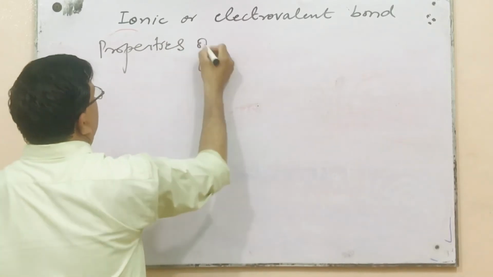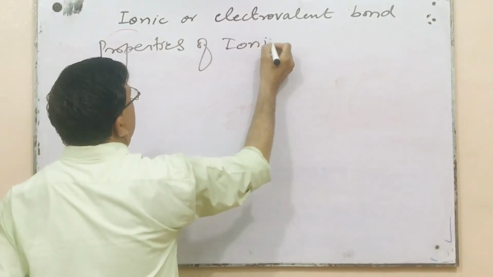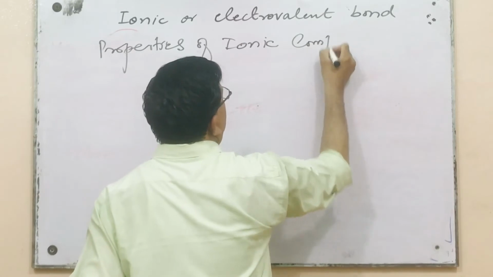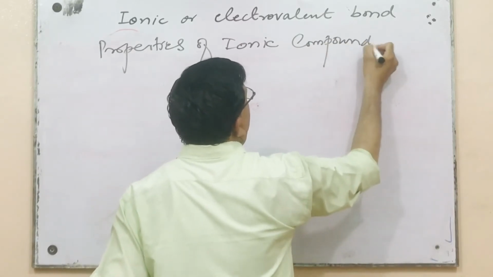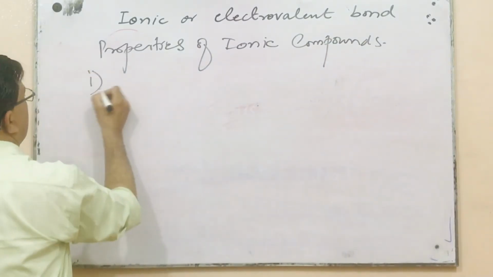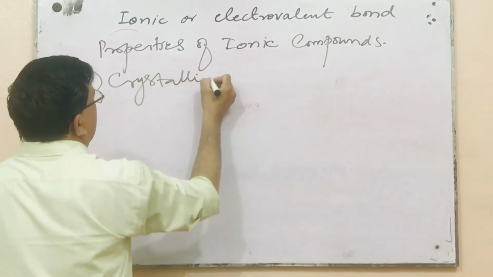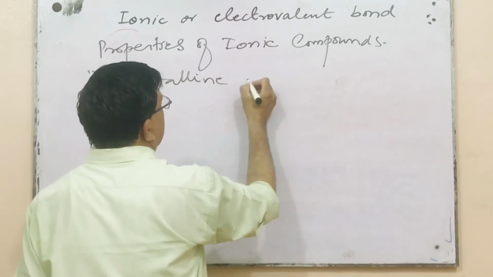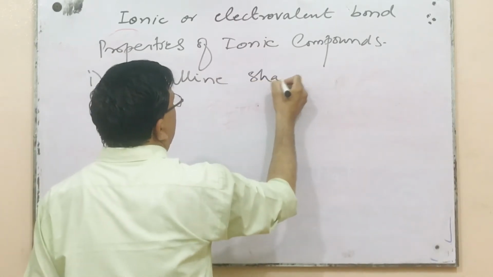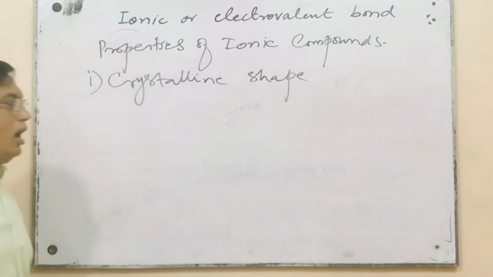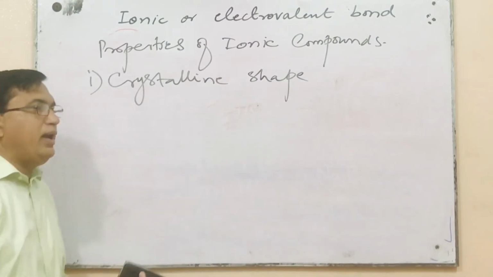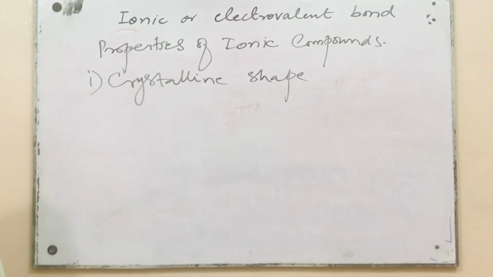Properties of ionic compound. Number 1, crystalline form, crystalline shape or geometry. All the cations and anions arrange themselves alternatively.